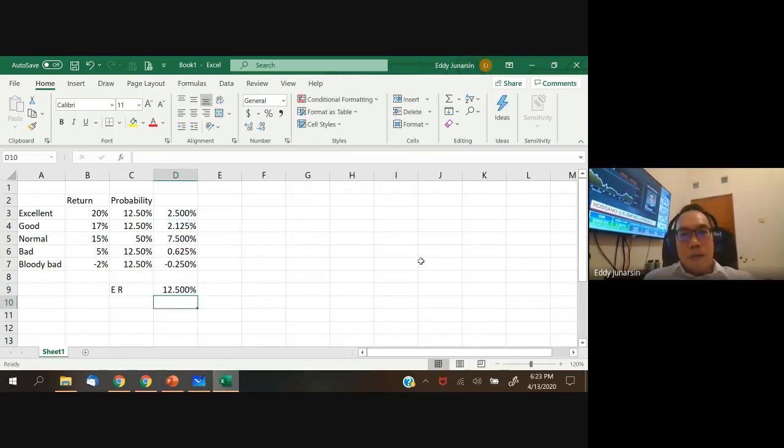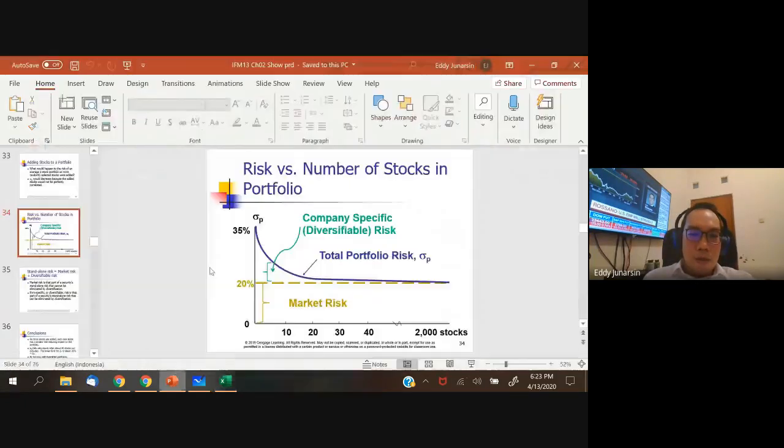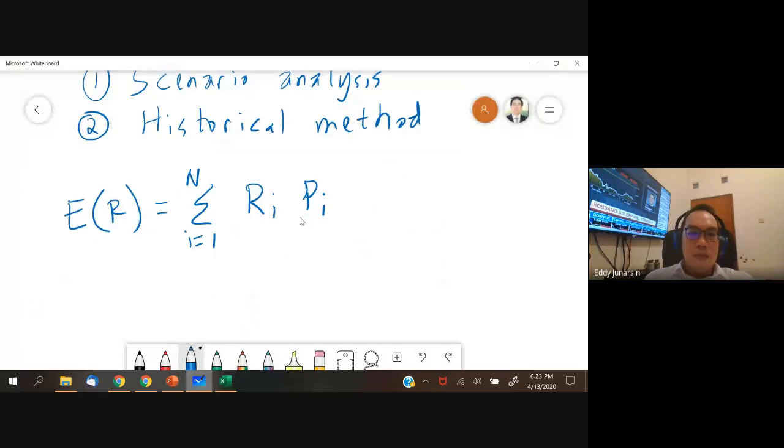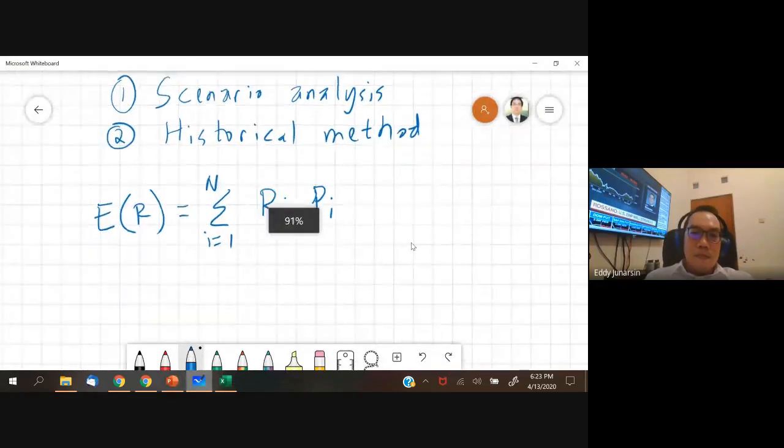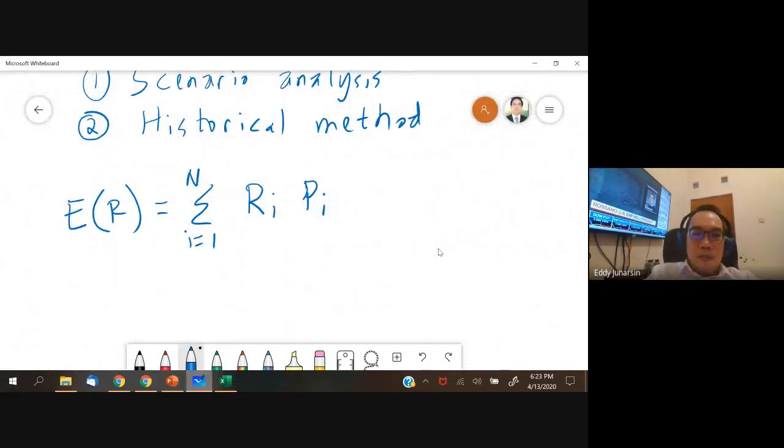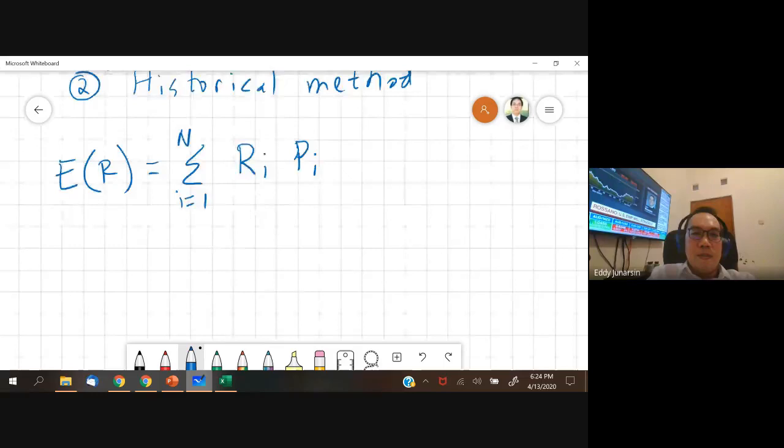We find out that the expected return on this investment is 12.5% based on the scenario analysis that we have created. Quite easy. So once again, each projected return is multiplied by its probability, and then we sum all of them together.